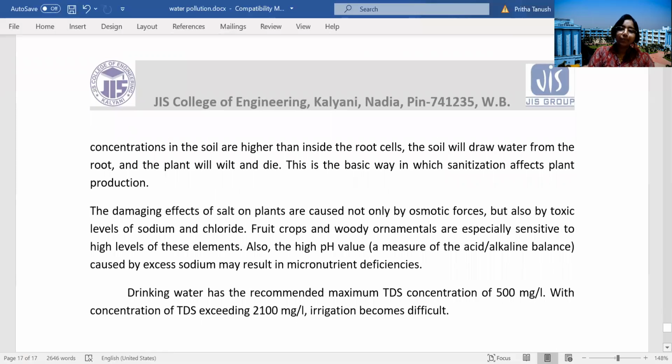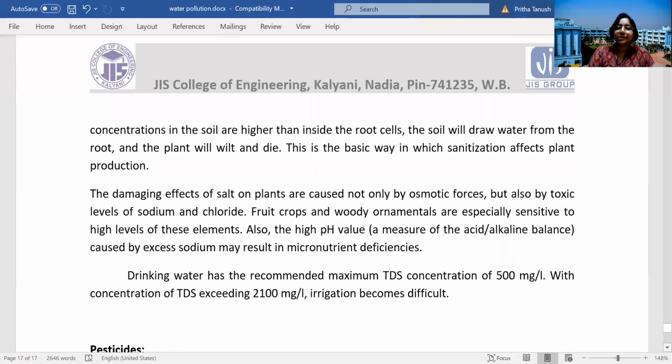Also, a high pH value, a measure of acid or alkaline balance caused by excess sodium, may result in micronutrient deficiencies. So the amount of salt should be within a proper limit. If it is higher or lower, that will create a problem.